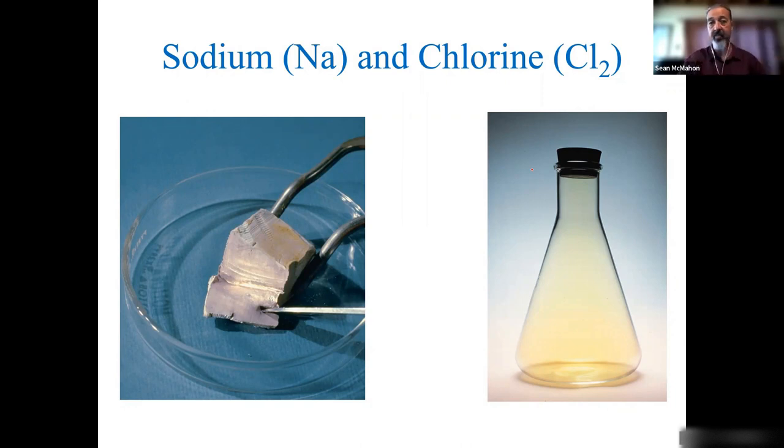Here's another example. We have sodium. Sodium is a highly reactive metal. It oxidizes quickly. If you throw it in water, it actually kind of explodes and produces a great amount of energy and heat, producing a basic solution. You could take chlorine, another element that's a diatomic, meaning 2 of them combined, which is a yellow-greenish, noxious gas that will kill you.